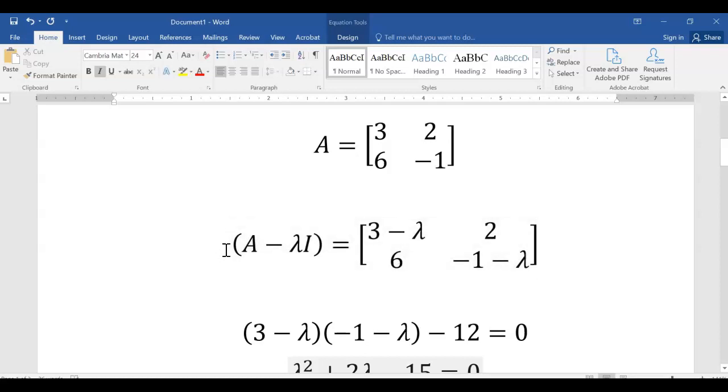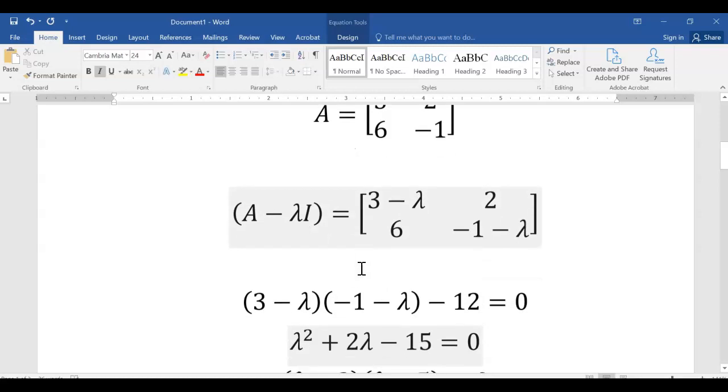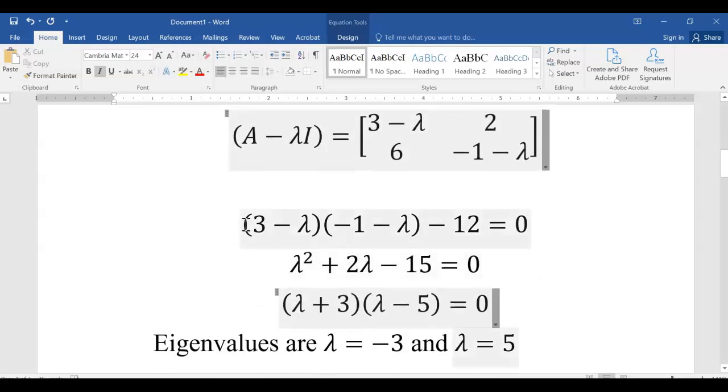We're going to take the determinant of that. 3 minus lambda is going to be multiplied times -1 minus lambda. And then we're going to subtract 6 times 2, which is 12. So subtract 12. So that's the determinant. We set that determinant equal to 0 for the characteristic equation, and then simplify it. When you simplify, you should get lambda squared plus 2 lambda minus 15 is equal to 0.